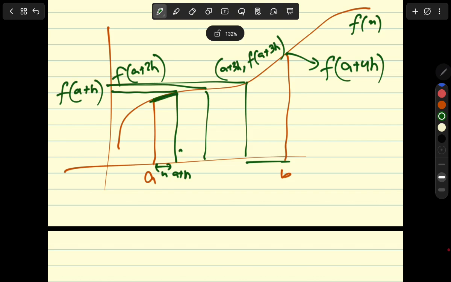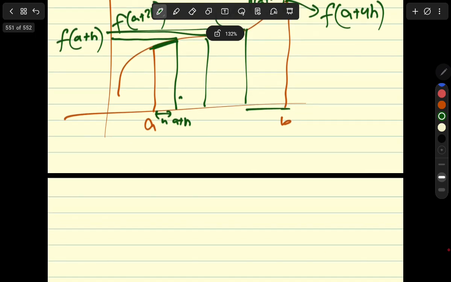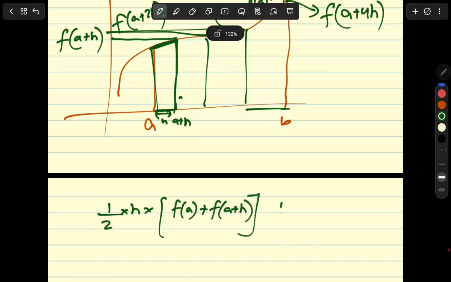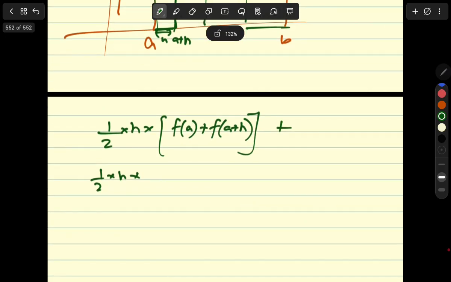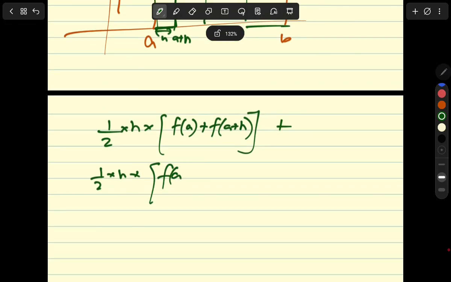If I join this, I see a trapezium: half into height, which is this, into the sum of parallel sides, this plus this. So the sum of sides is f of a plus f of a plus h. Now the second one is going to be half into height into the sum of parallel sides. This side is a plus h and this side is a plus 2h, so I'm going to write down f of a plus h plus f of a plus 2h, right?